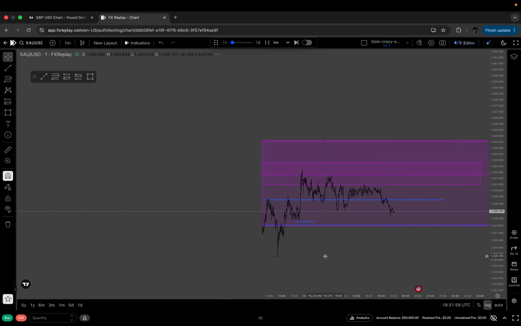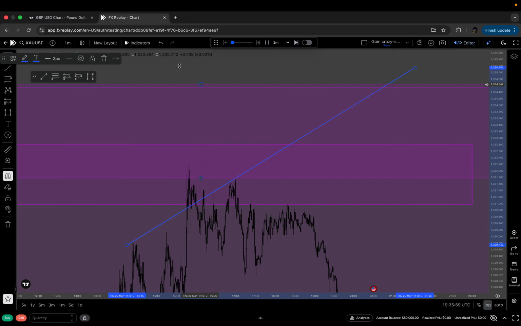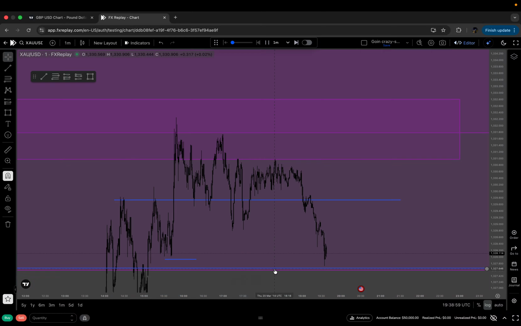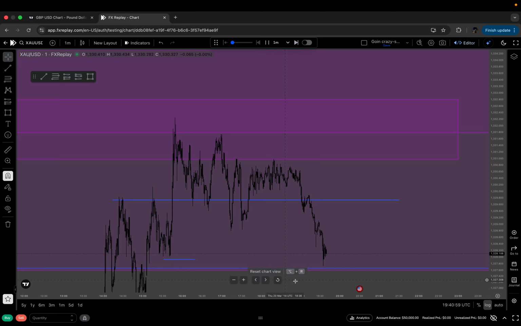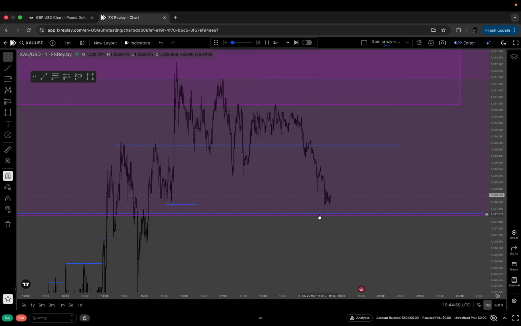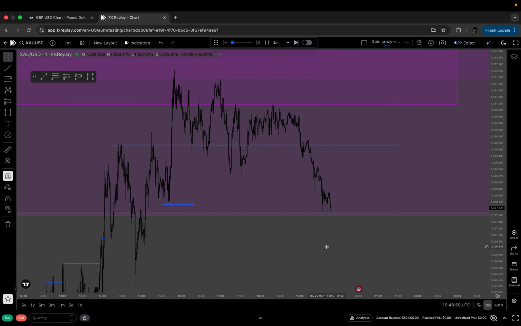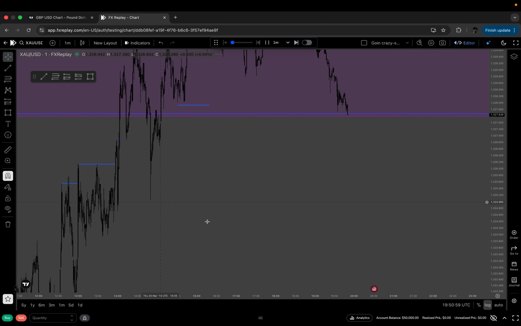Okay, this is just ugly if you ask me. Holy shit. I'll be convinced if we break these lows, to be honest.